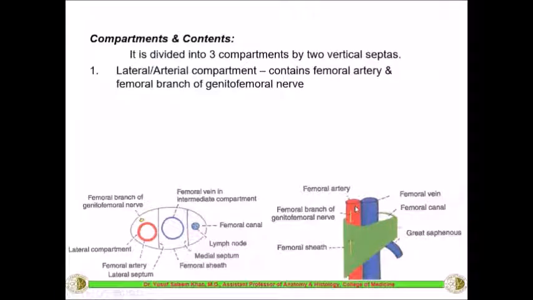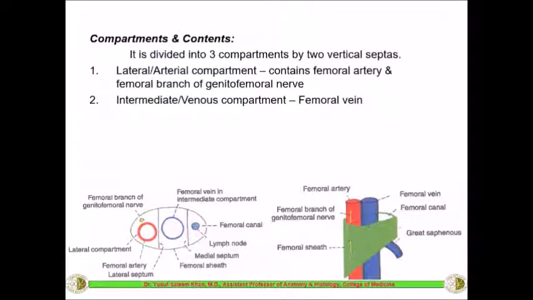Here is the femoral artery. Along with the femoral artery, there is also a nerve which is called as the femoral branch of the genitofemoral nerve. Here also you can see the cross section, the femoral artery, along with that is the femoral branch of the genitofemoral nerve. So this is in the lateral compartment.